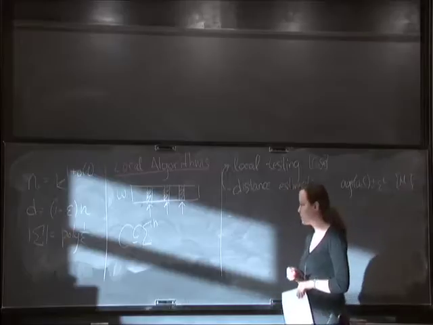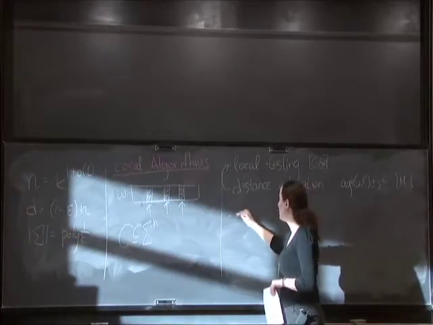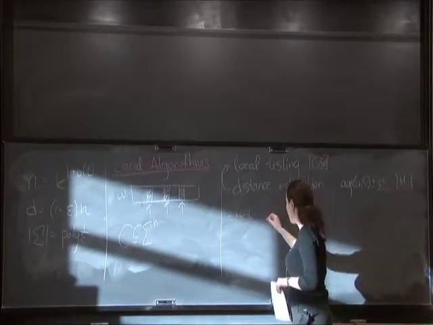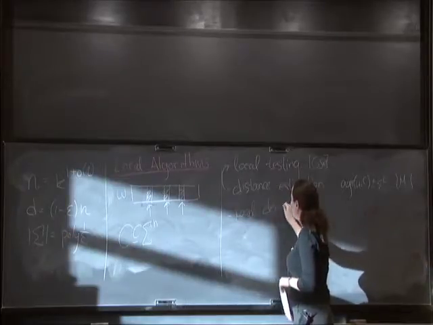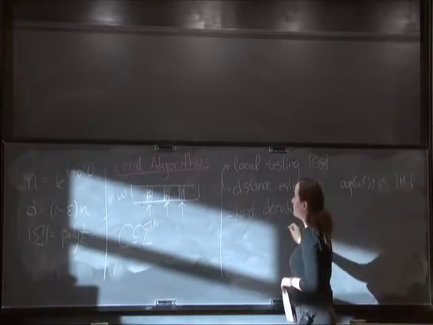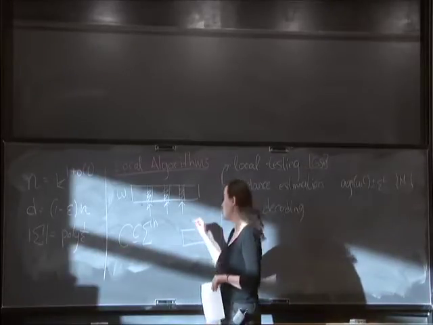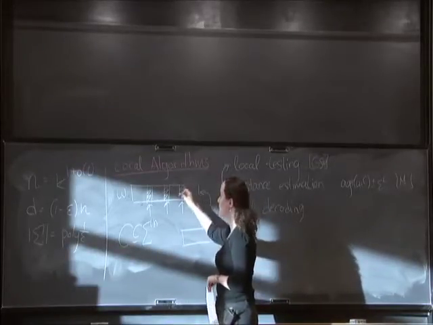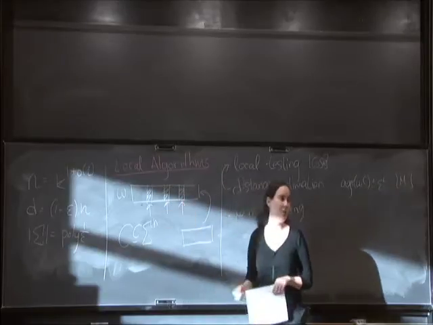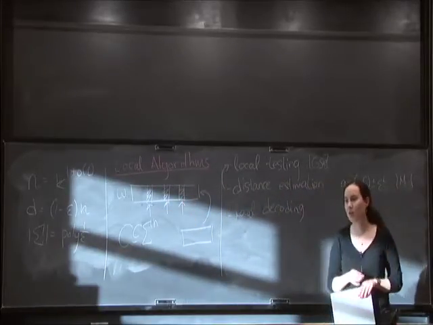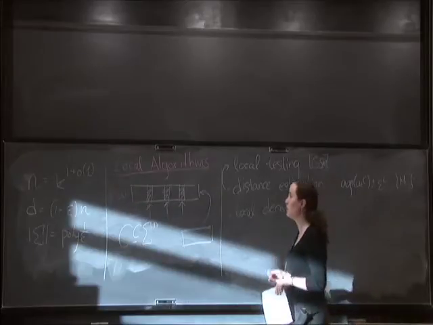Another problem that was considered is local decoding. So here, the problem is as follows. Suppose someone took a message and applied this encoding, and then the encoding was somehow ruined.